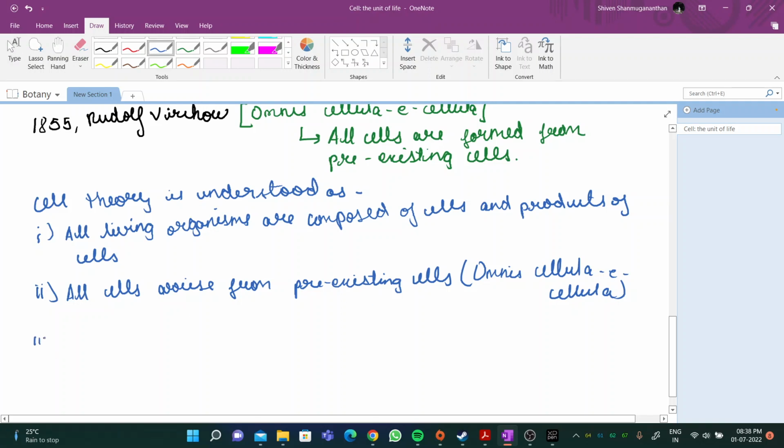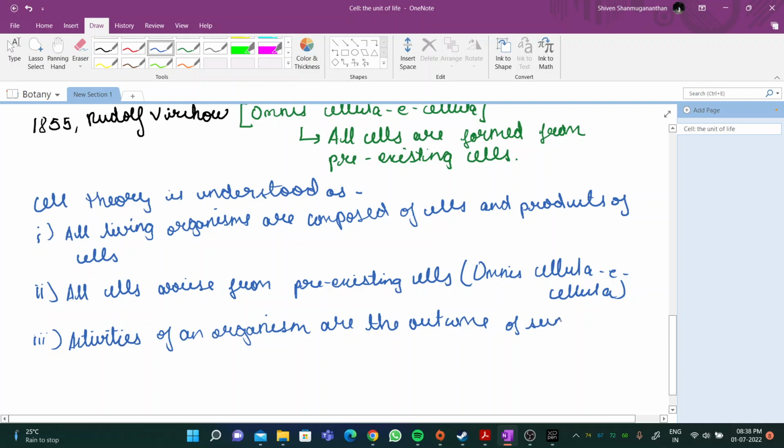So, number three, activities of an organism are the outcome of the sum total of activities of its constituent cells.